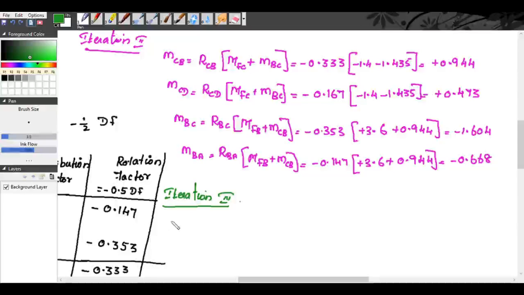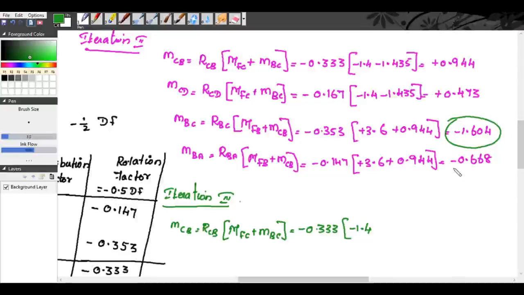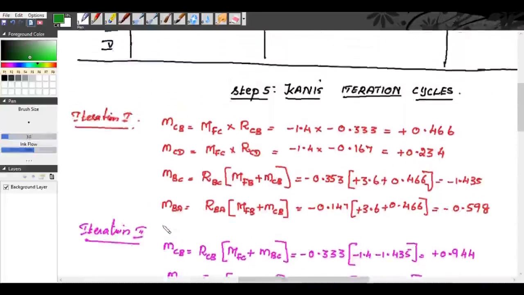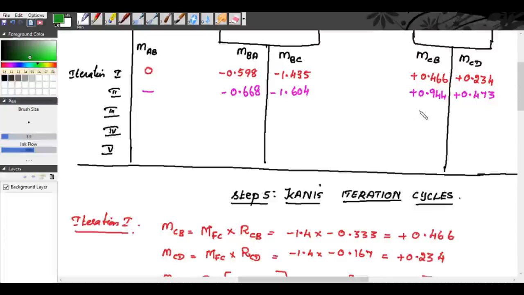So cycle 3, MCB is equal to RCB, MFC plus MBC. So we get minus 0.333 multiplied by minus 1.4. MBC is this value, minus 1.604. We get plus 1.0. So MCB is plus 1.